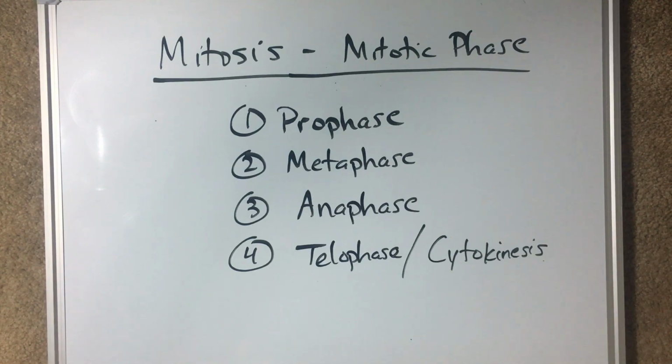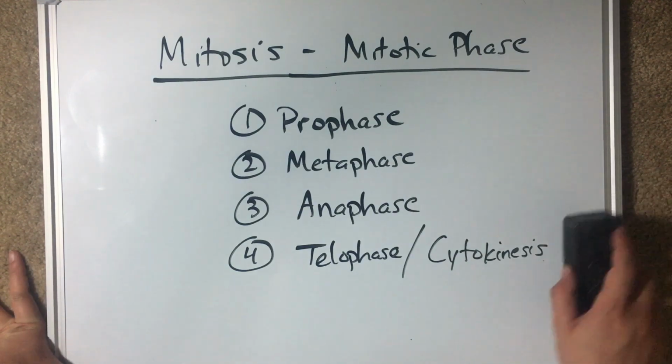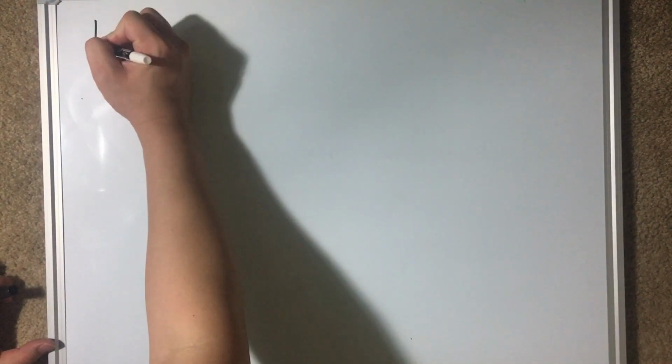Okay? So let's go ahead and get started with our drawings. I'm going to go ahead and erase the board. Now, before we begin with mitosis, I'm going to tell you how many chromosomes are in this cell.